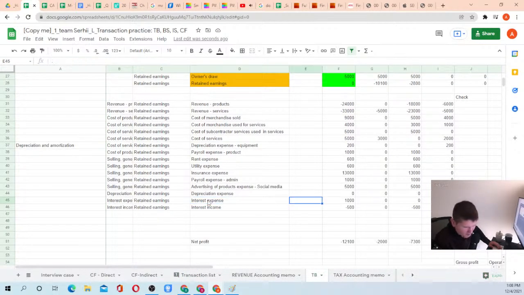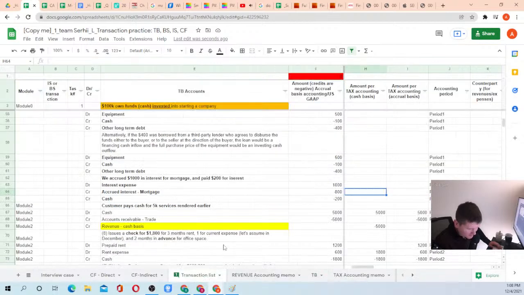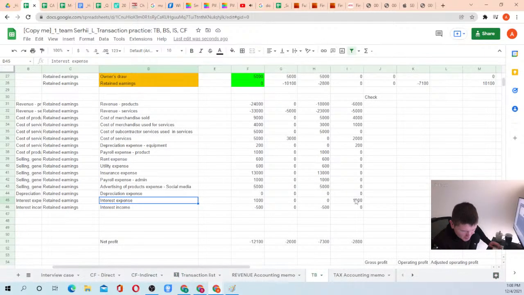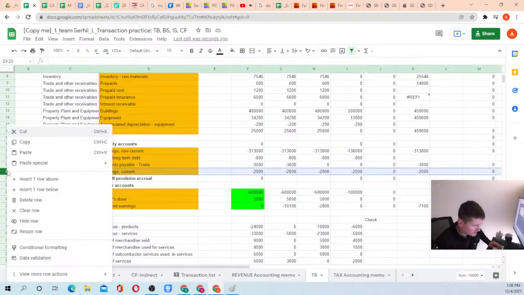Oh, I've already got interest expense. Let me just use interest expense, just not to overcomplicate things. Okay, it's 1,000. It's already in the trial balance. Now I do not have accrued interest here.